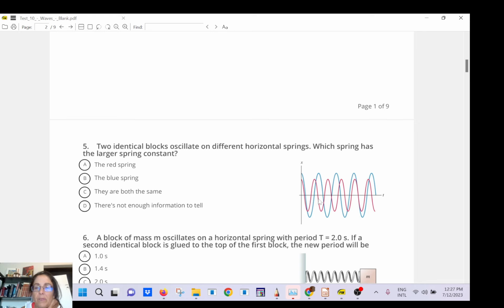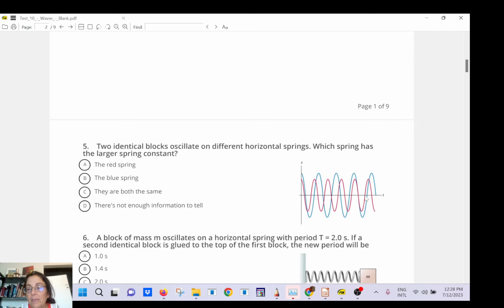So that must be the red one, because you see how squeezed it is relative to the blue one. So the amplitude does not matter.